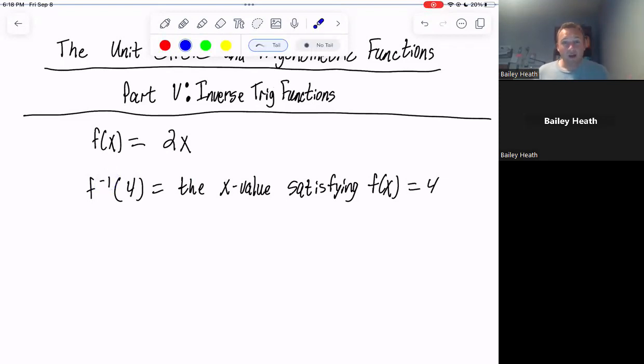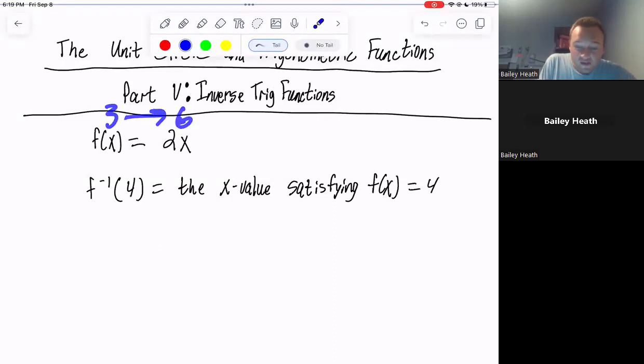The way that it works is you feed it an output of the original function, and then it spits out what was the corresponding input. The idea is it goes backwards, right? So like the function f of x equals 2x, if I plug a 3 into this, then it will send 3 to 6. It takes 3 and it multiplies it by 2.